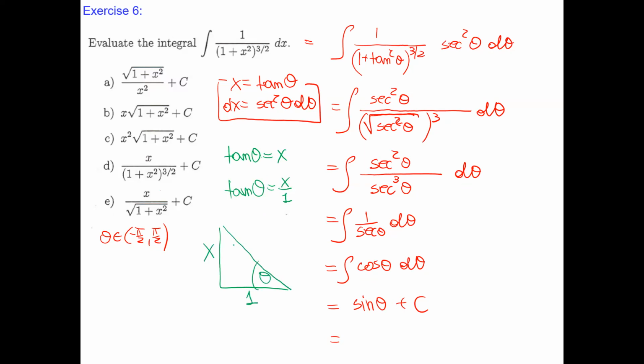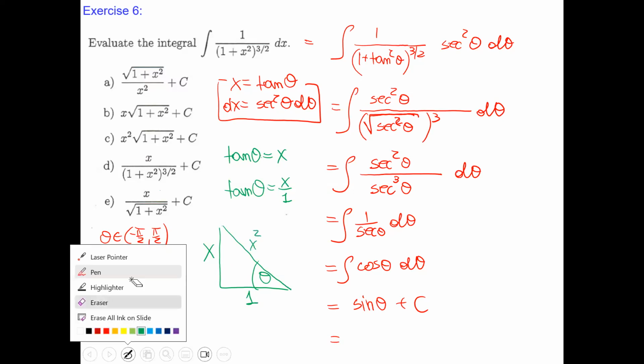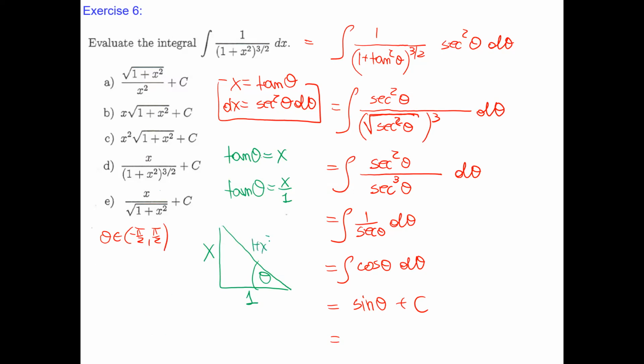If this is x, this is 1. From the Pythagorean theorem, the hypotenuse will be the square root of x squared plus 1, but I would like to write 1 plus x squared. We know why: under the square root it is the same as what we see in the original. And then having all of the sides, we may read sine. Sine will be opposite over hypotenuse. This is the final answer.